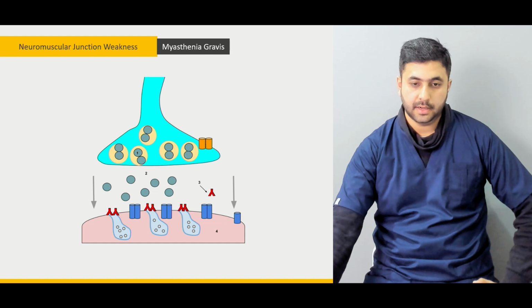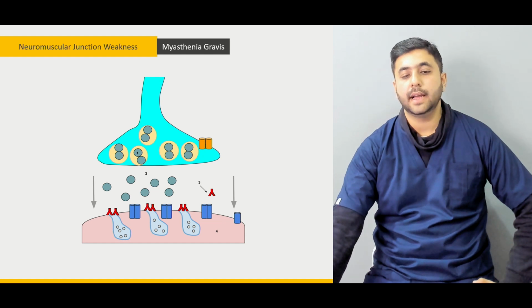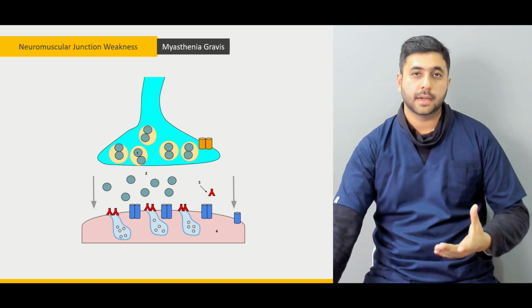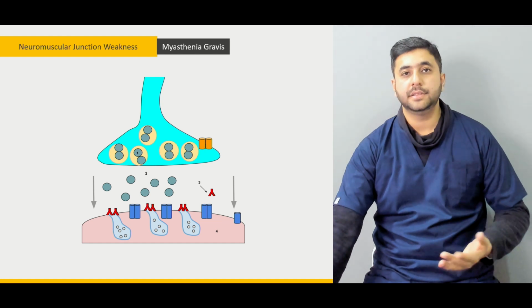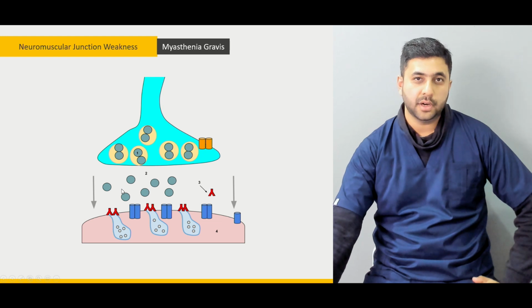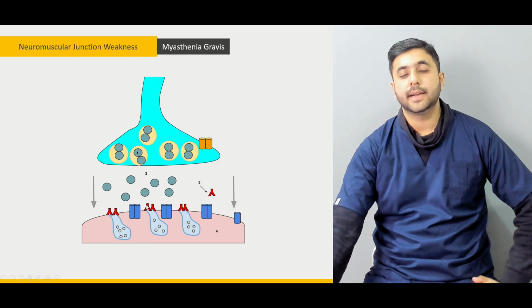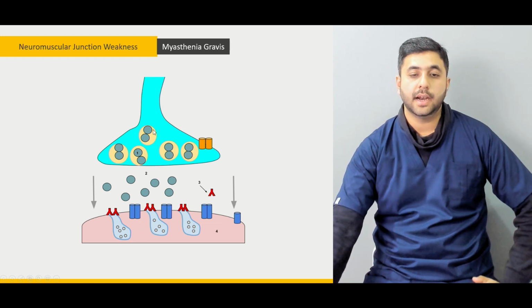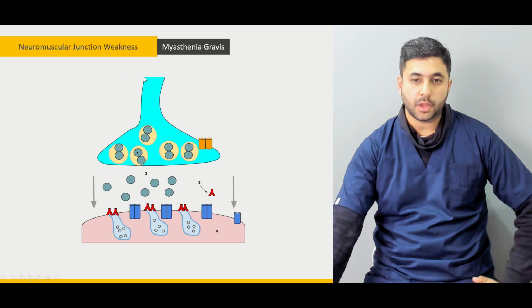And when this acetylcholine is coupled with these receptors, there is generalized depolarization of this skeletal muscle. And when that depolarization reaches a threshold, an action potential is generated and the muscle starts to contract. So this is a generalized overview of what happens at the level of the neuromuscular junction.